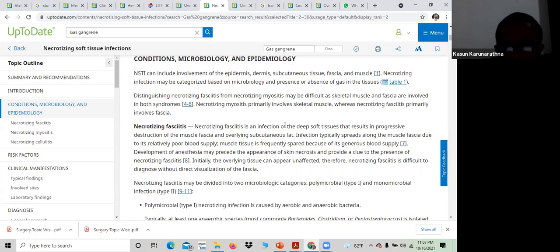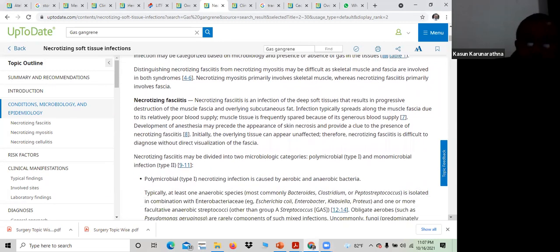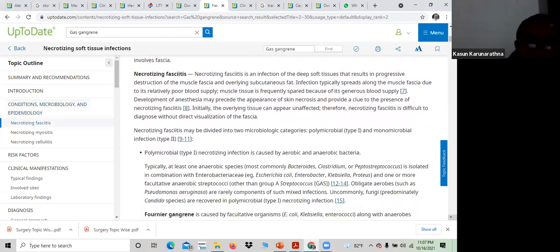If the muscles are involved, that is called myonecrosis, right? Then those infections can be due to gas-forming organisms, right? Anaerobic organisms.